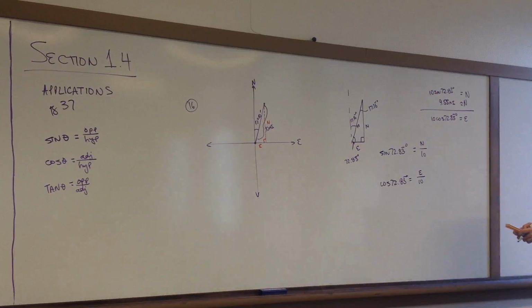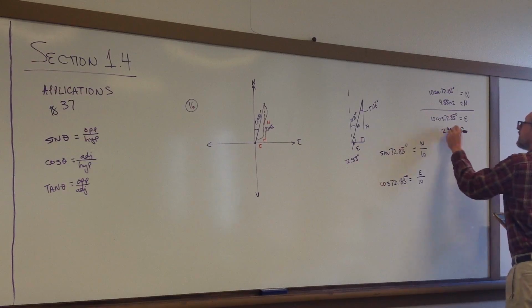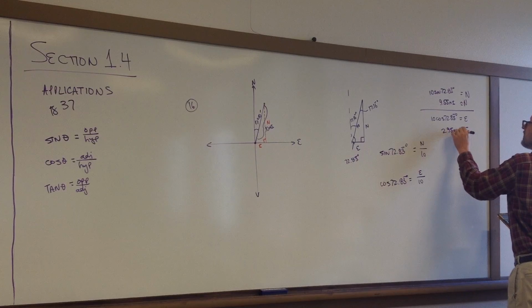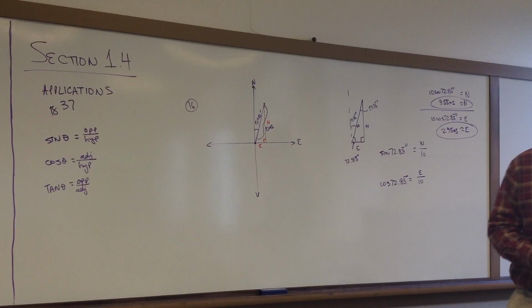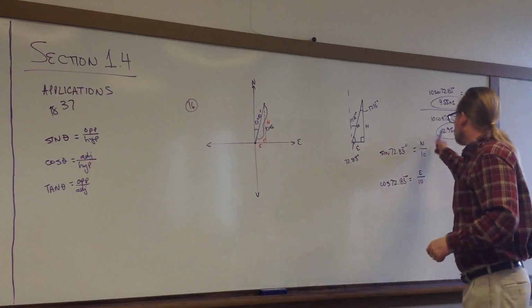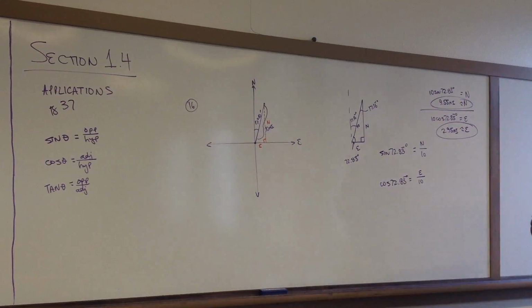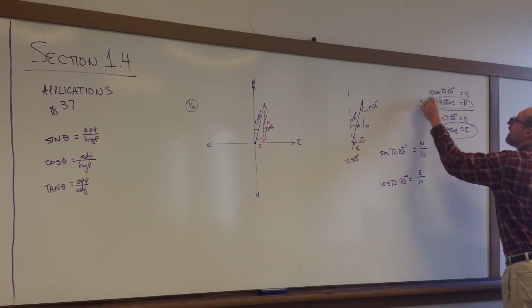So let's see here. 10 cosine is 2.95. 2.95 miles. So there we go. 2.95 miles east, 9.55 miles to the north. And that's all we're being asked for. So if we wanted to round these to the nearest tenth, I guess this one would be 3.0 and this one would be 9.6.